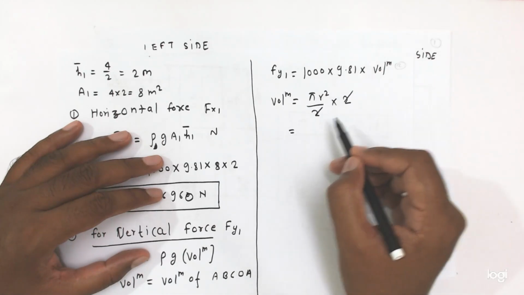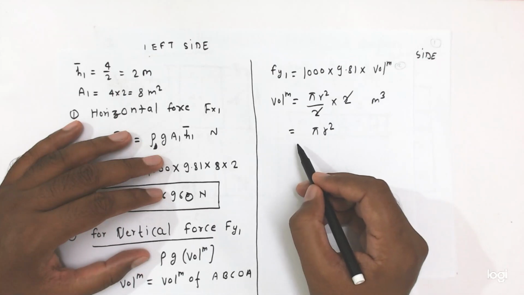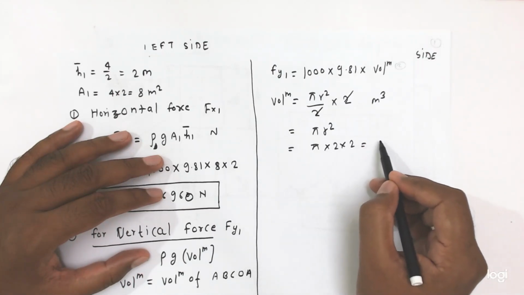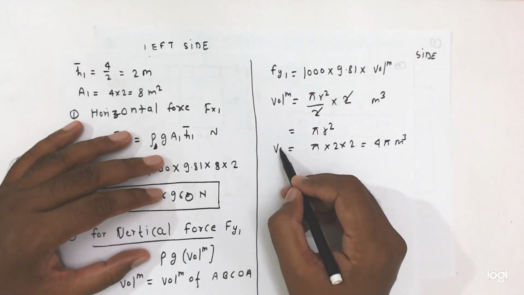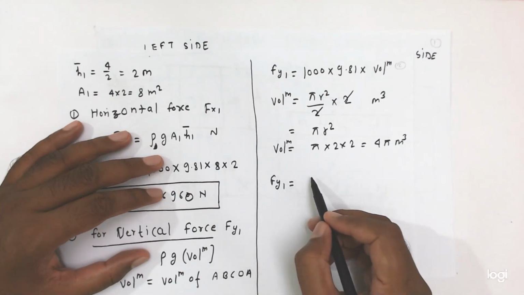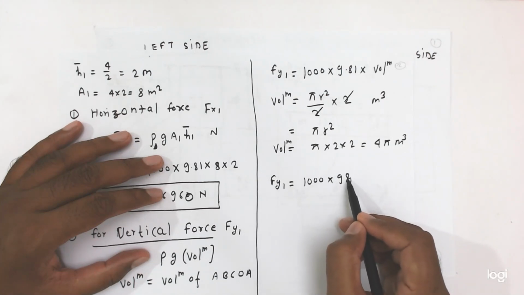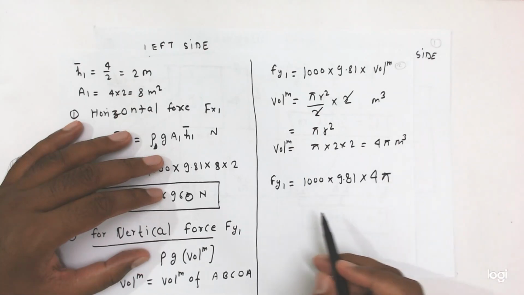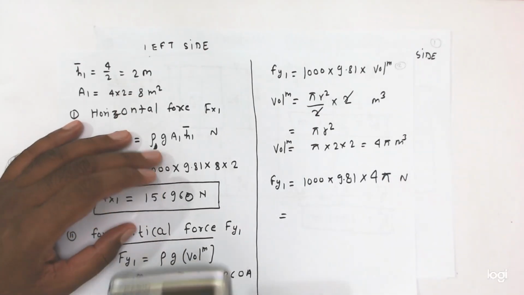So volume is equal to what? Volume equal to pi r square. It will be around pi into 2 into 2. So 4 pi meter cube volume will come. So Fy1 equal to how much? This 1000 into 9.81 into 4 pi. This is Newton. So how much it will come, friends? 9810.